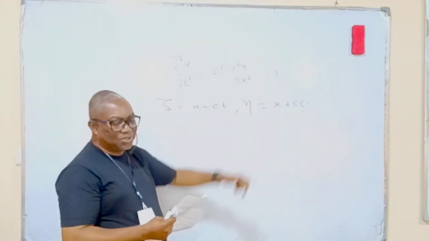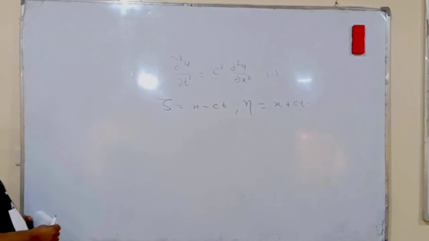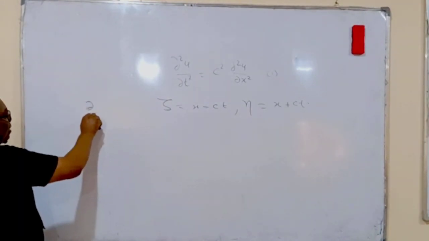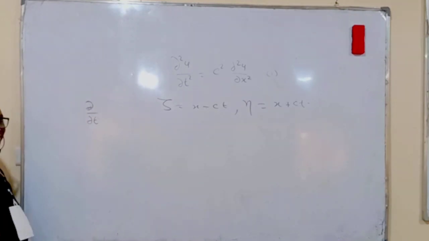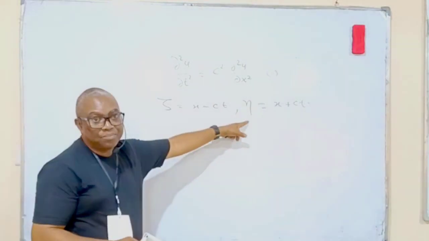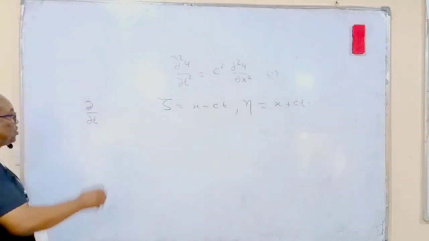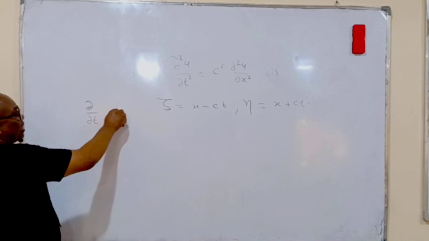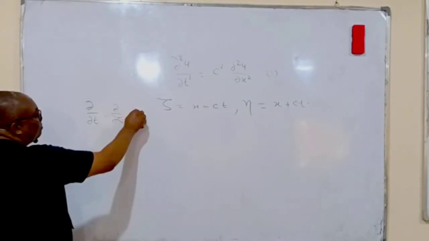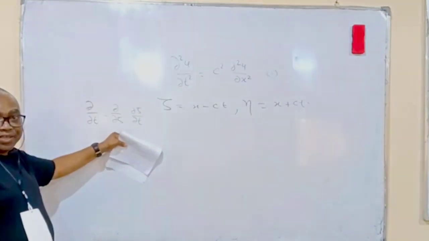Theta also. So we need to put that into consideration. We need to find out what partial by partial t is, which will contain these two new variables we are introducing. That might give you partial by partial this by partial t. We have taken care of that.